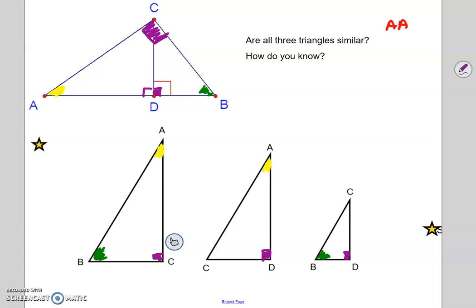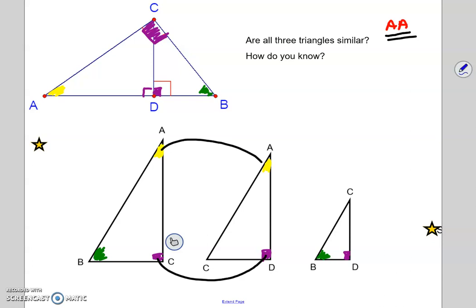Now that gives us a couple different things that we can compare. Looking at this larger triangle, it has one of the same angles there and a second angle there. By the angle-angle similarity postulate, we can say that those two triangles are similar.